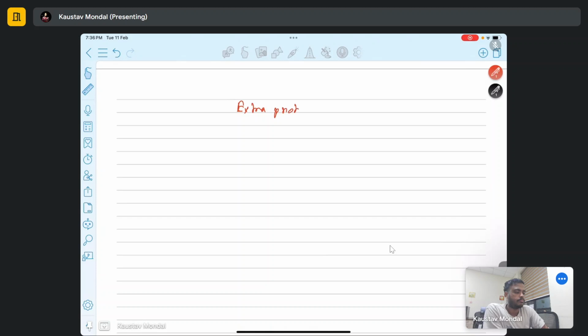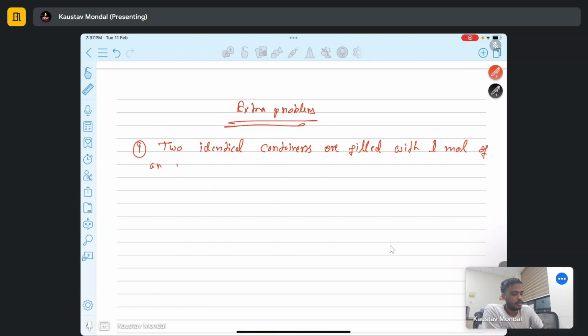Extra problems. Problem number 1: let's suppose two identical containers, one filled with 1 mole of an ideal gas at 500 Kelvin, and the other with 1 mole of the same gas at 300 Kelvin.